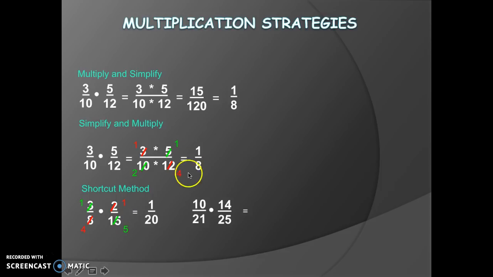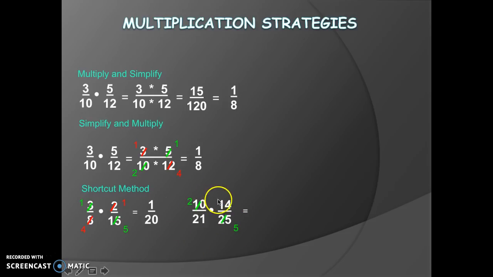Let's keep practicing. So now I have 10 21sts times 14 25ths. These are big numbers to work with and just multiply. So I'm going to simplify first. Look at the numbers on top and the numbers on the bottom. Right away, I'm noticing that 10 and 25 can both be divided by 5. 5 is a factor of both. So 10 divided by 5 is 2. 25 divided by 5 is 5.